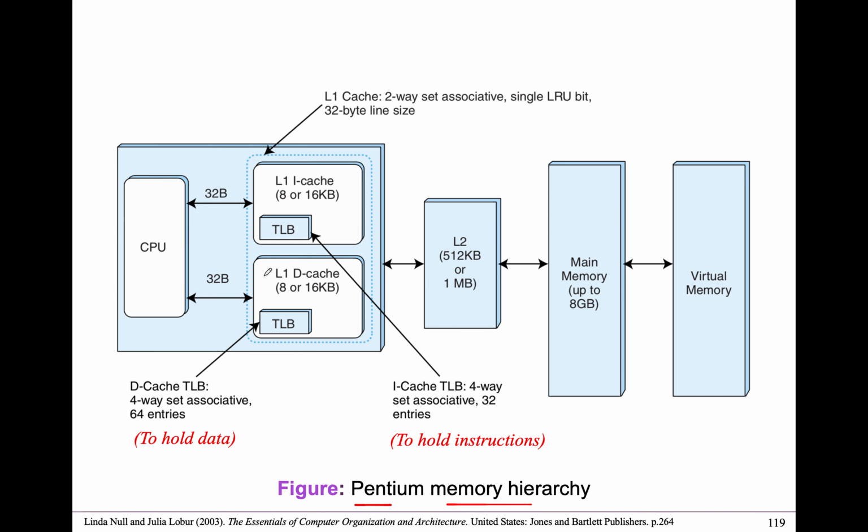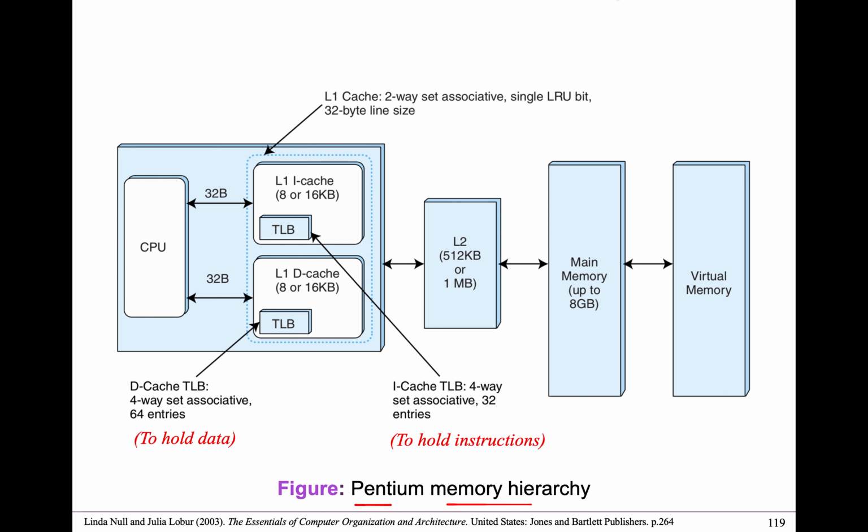So let's say over here you have a computer, and this is your Pentium memory, and you have the CPU, you have a cache that is connected to your CPU, L1, and then you have the TLB also inside your L1 cache, and so on. So you have another one like L2, and then main memory and virtual memory.